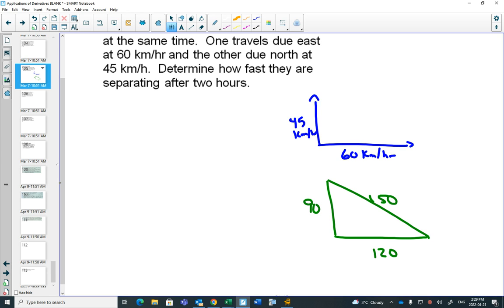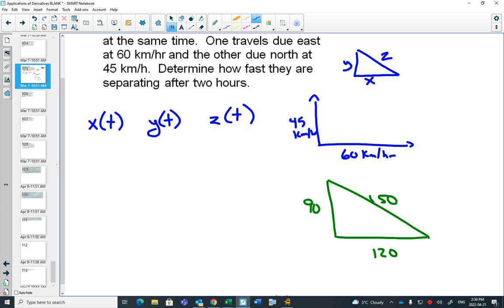So what we have in a right-angled triangle question is an x value, a y value, and we can call the hypotenuse a z value. There's a relationship between the three, and all of them are a function of time. Now, we want to find dz dt.